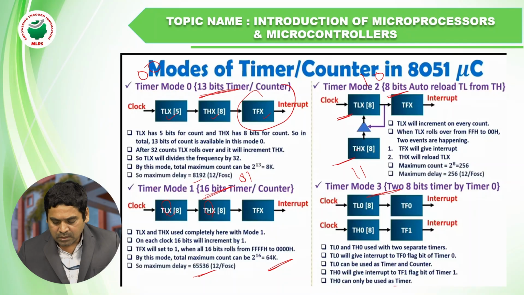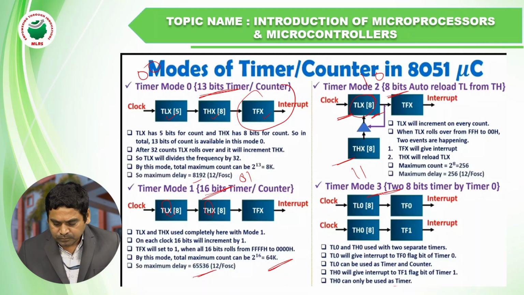Here you can observe only an 8-bit count. In hexadecimal it is only 2 digits, 00 to FF. The count starts from 00H in hexadecimal notation up to a maximum of FFH, then rolls back to 00H and TF0 occurs, with only 2 digits because there are 8 bits.